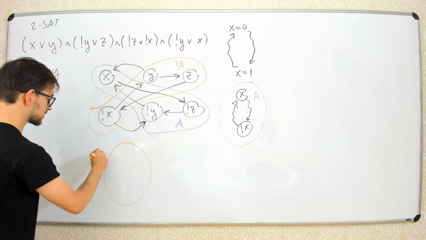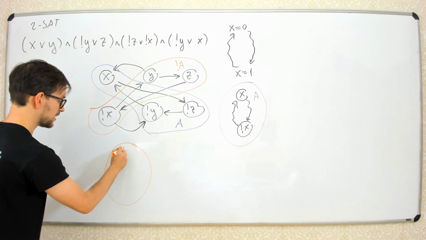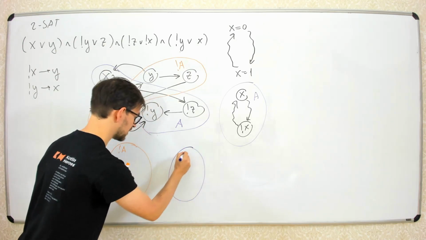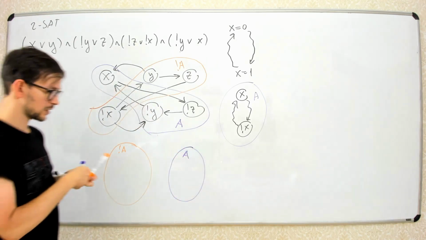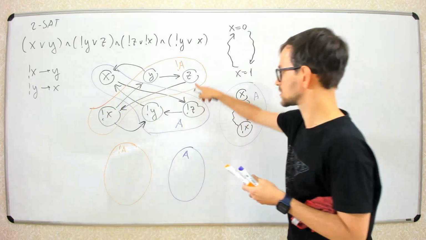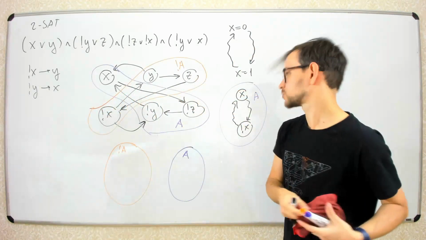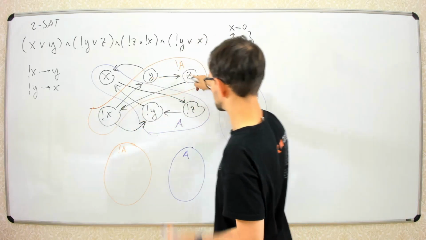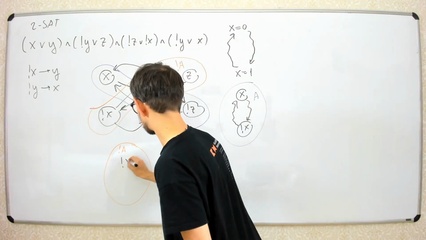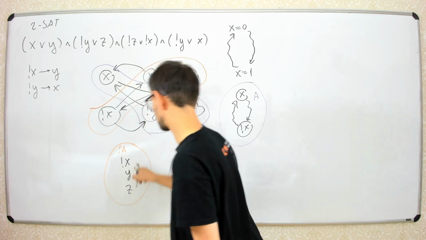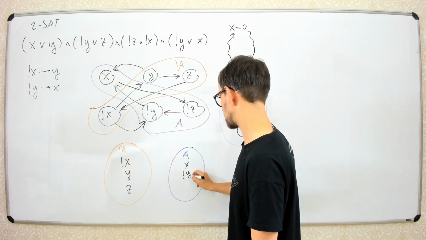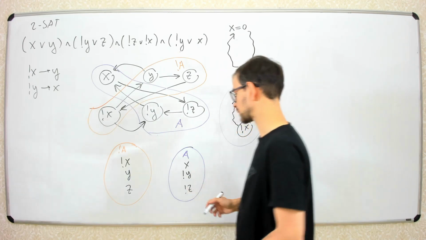So let's say nodes X, Y, and Z belong to this component, and not X, not Y, and not Z belong to this component.